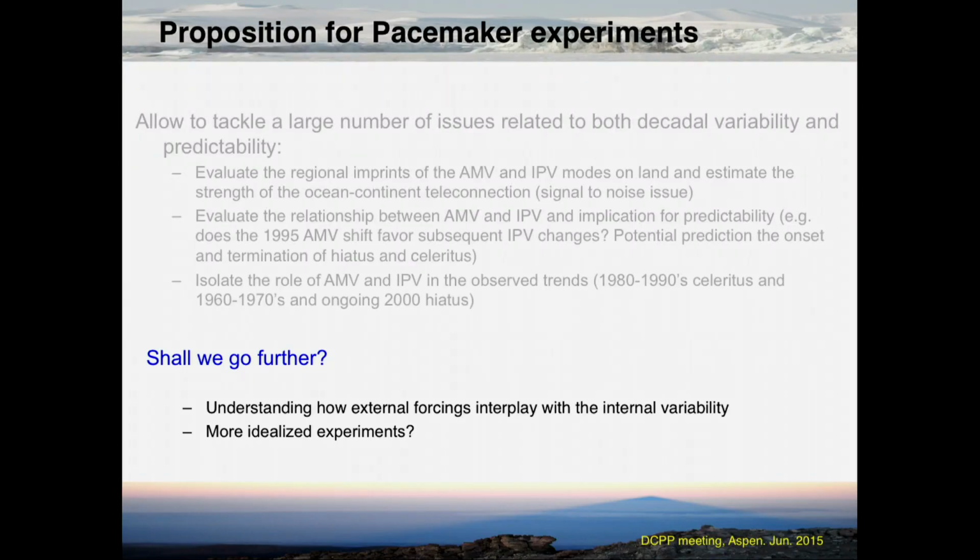So shall we go a bit further with this experiment? Especially what is missing is the understanding of how the external forcing interplays with the internal variability. And we may want to come up with some more idealized experiments that the community can share.